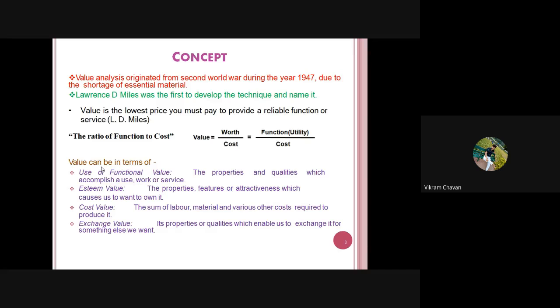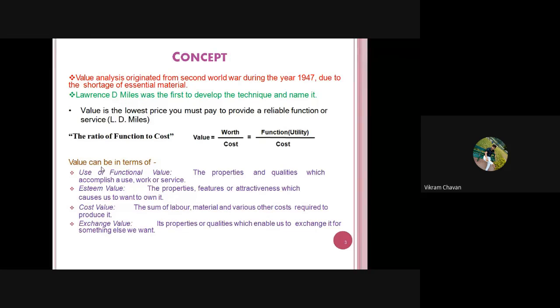Now, the different terminologies used for this word value are functional value, esteem value, cost value, and exchange value. First, functional value: if you are paying for any service or any function, that valuation will be considered as functional value.